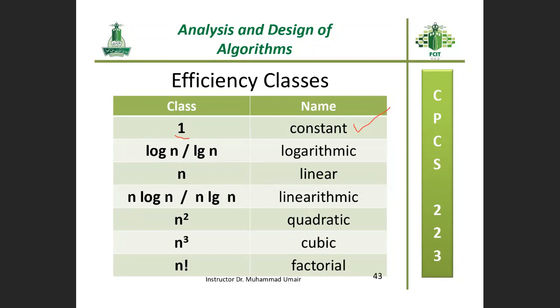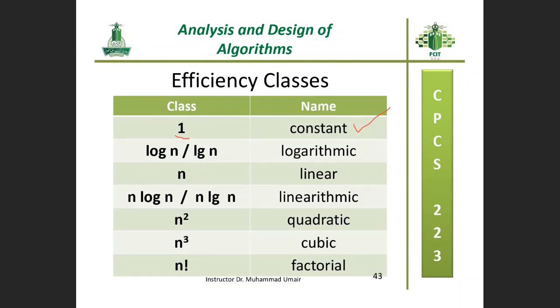For example, if you write an algorithm to access an element in an array, whether the array consists of 1,000 elements or 10,000 elements, accessing a particular index will not affect the time. Why? Because in an array you can directly access any element. It is not dependent on the length of the array.